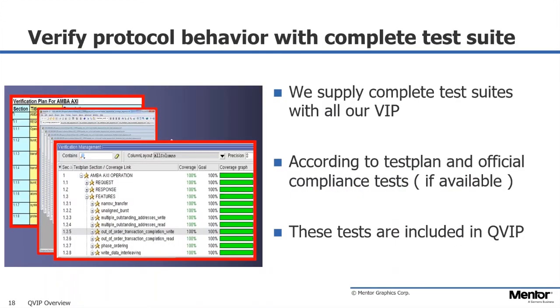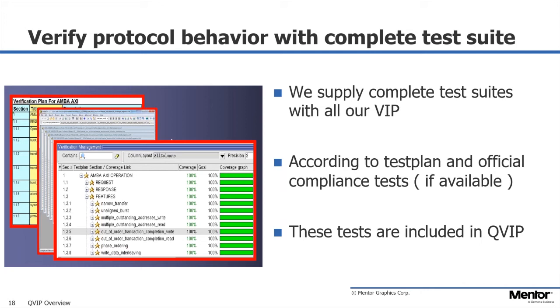So anyway, we have, as I said, a complete compliance test. For most users, they don't really care about this because they assume that if they're using the Xilinx AMBA bus, it's operating correctly.